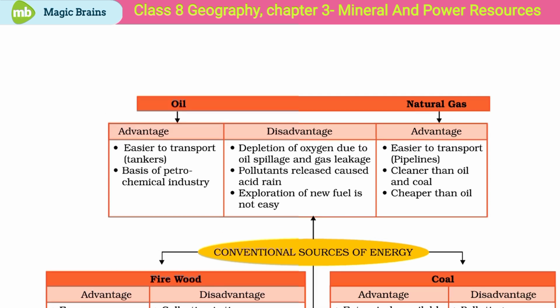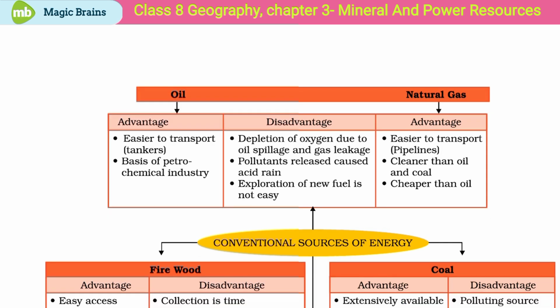Number 2, basis of petrochemical industry. The advantages of natural gas mentioned here are: number 1, easier to transport, pipelines. Number 2, cleaner than oil and coal. Number 3, cheaper than oil.